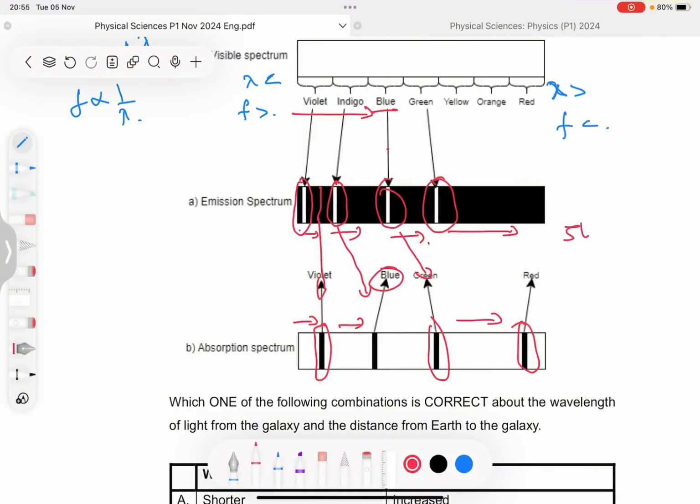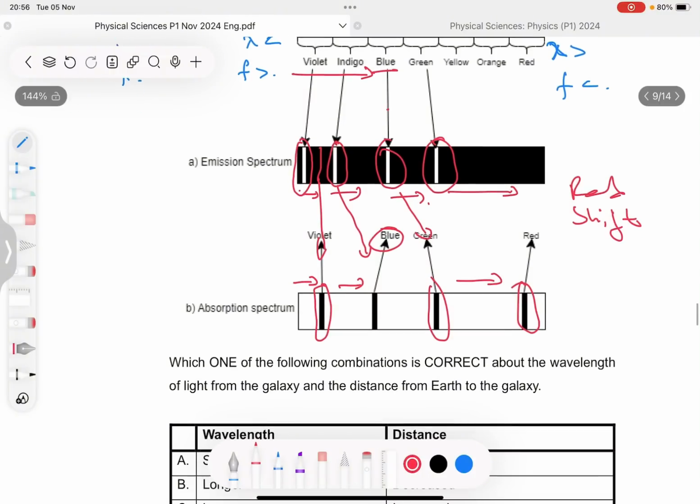And in fact, this is what we call a red shift. So this phenomenon tells us that, as time goes on, the galaxies or the objects that are at a distance from us are actually giving us more of red colors. They're moving towards the red side.